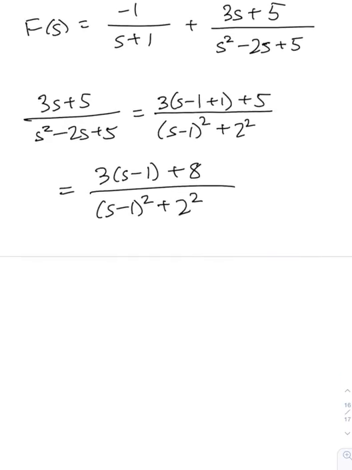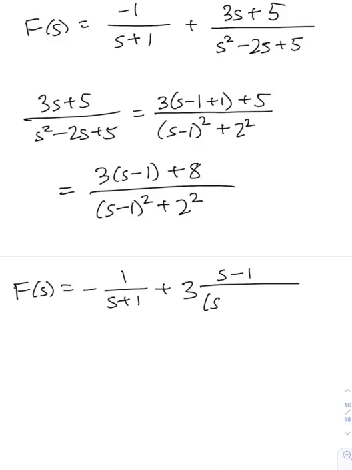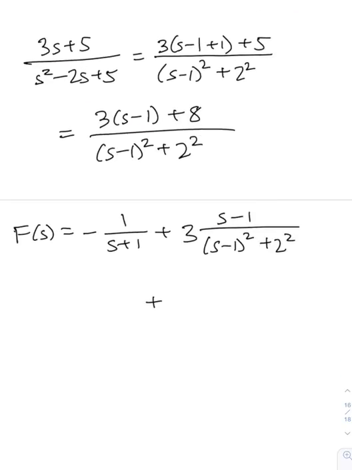All right, so putting that back into my capital F, we get capital F of s equals negative 1 over s plus 1 plus 3 times s minus 1 over s minus 1 squared plus 2 squared plus 8 over that denominator. But now if I'm going to be reading that off of the table, my numerator can't be 8. It's got to be a 2 because I've got the 2 squared in the denominator.